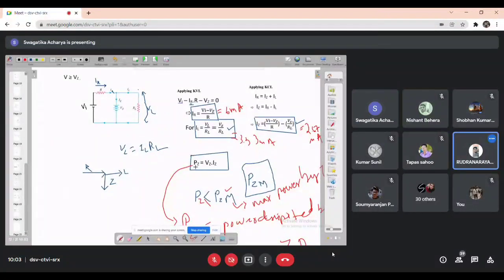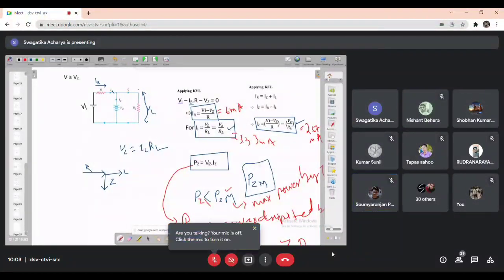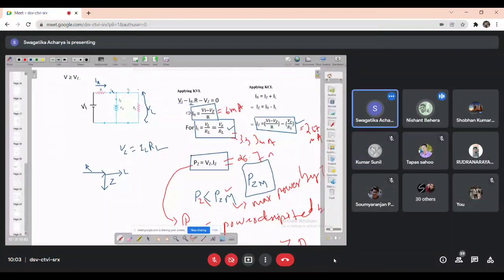Now what is the value of PZ here? Vz into the value of Iz. So what is the value we are getting? 26.7 milliwatt. So can you tell me, is this one correct or not?